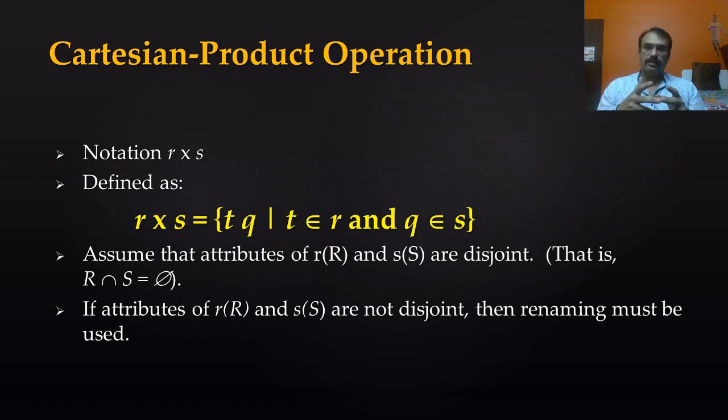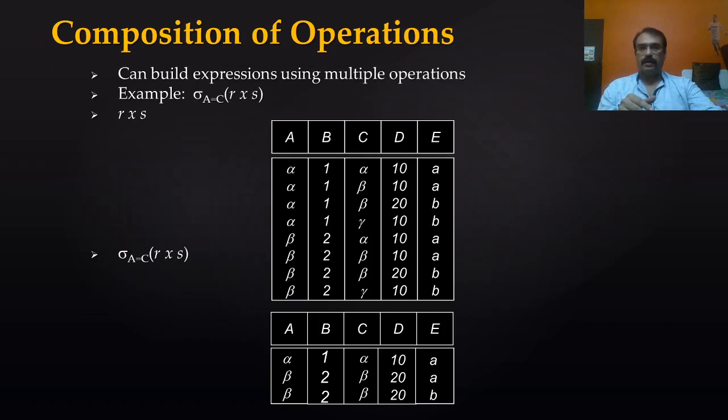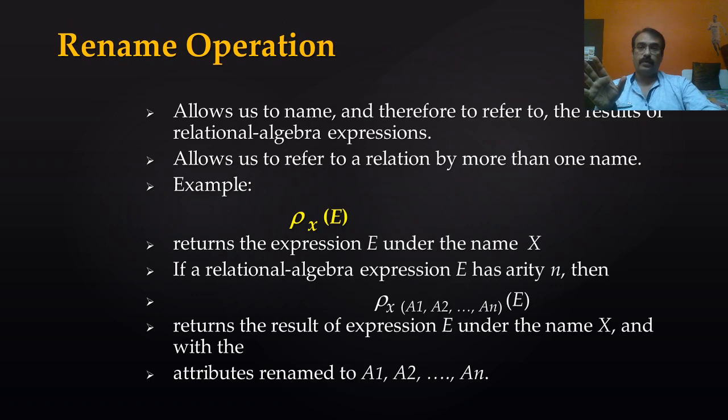Then we have union, intersection, the except or set difference operation, and Cartesian product. And as I said earlier, I can combine many operations together. I can have Cartesian product, project operation, and select operation in the same query. It is possible.